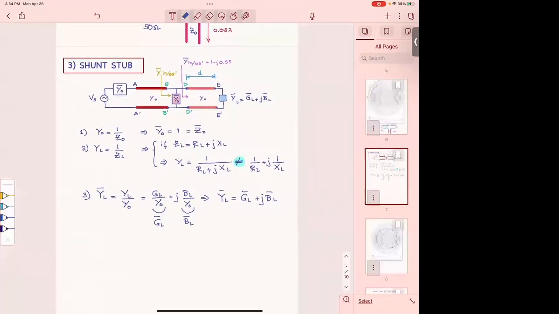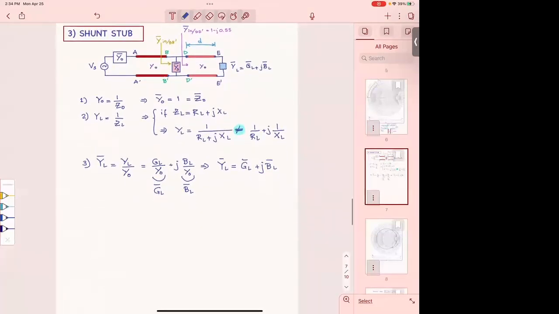The next thing you have to remember: in impedances, a series combination of 2 impedances, say Z1 and Z2, is equivalent to 1 impedance, Z3, where Z3 equals Z1 plus Z2.